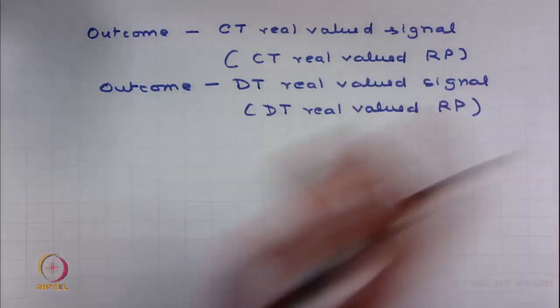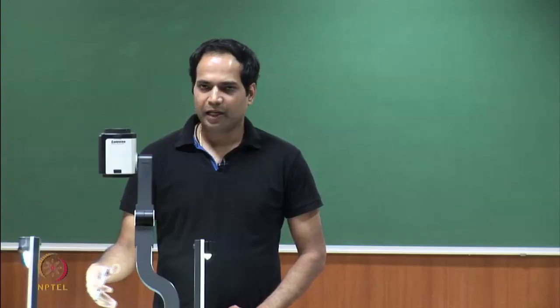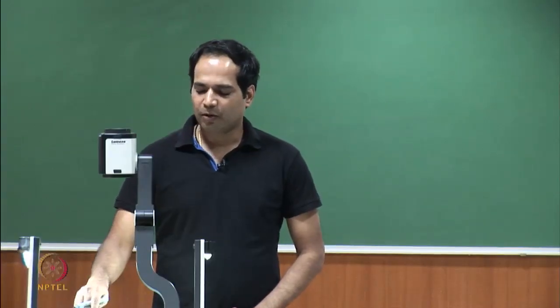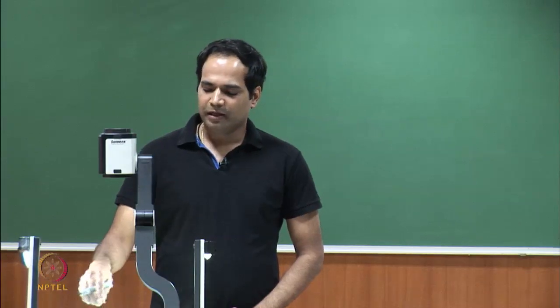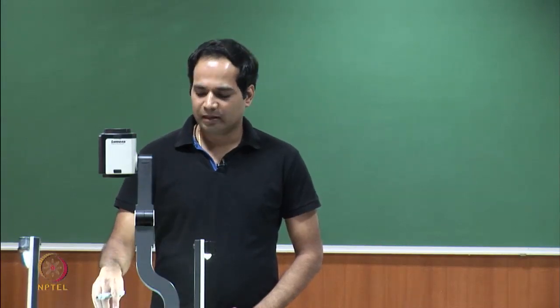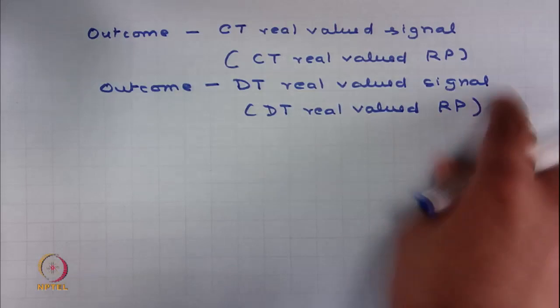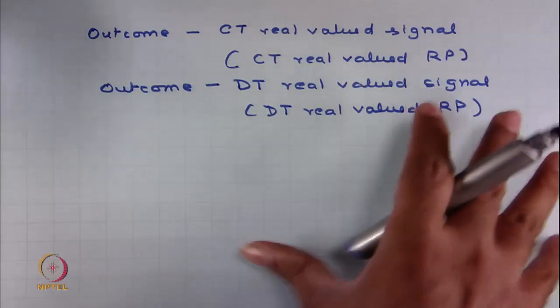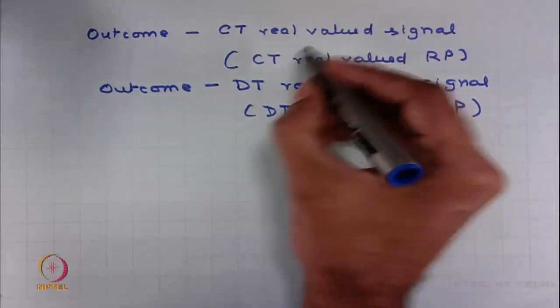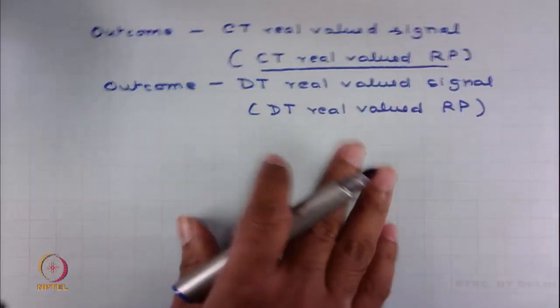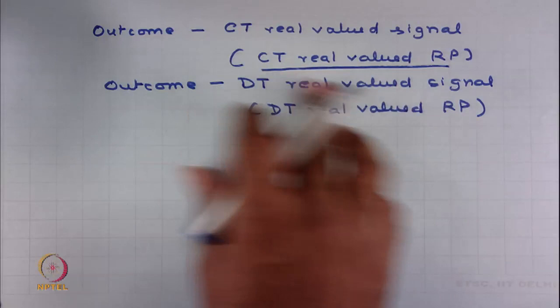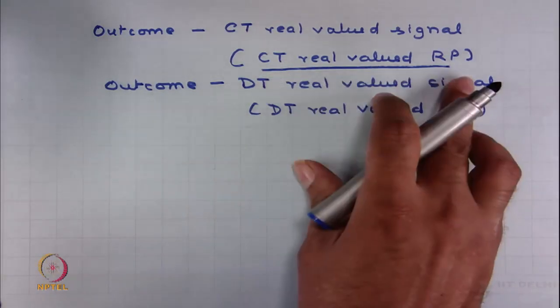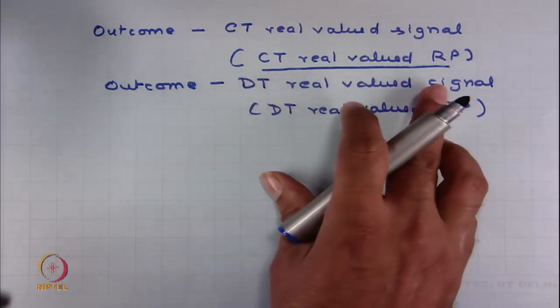So, random processes can be of several kinds. It can be a complex valued random process, it can be a CT random process, it can be a DT random process, and so on and so forth. But for this course and discussion, we always assume that my random process is a CT real valued random process, and rather than always saying CT real valued random process, I will just say random process.